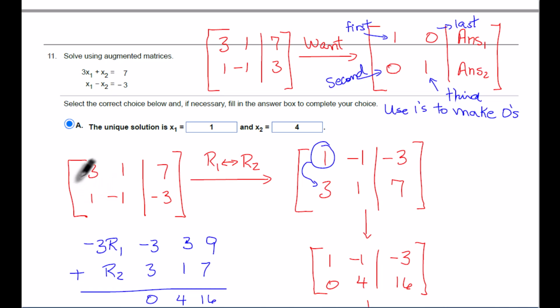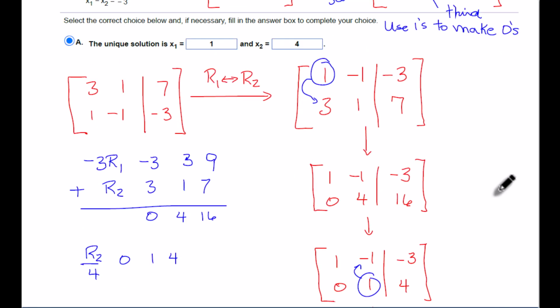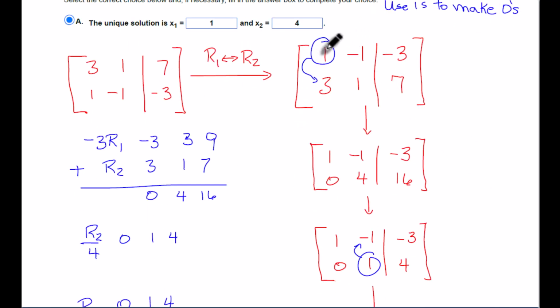So looking at this matrix, I want a 1 in the top left. I see one right there. So I'm just going to swap rows 1 and 2. All right. Then I want to use that 1 to make a 0. Ignore all of that stuff. That stuff is not important.